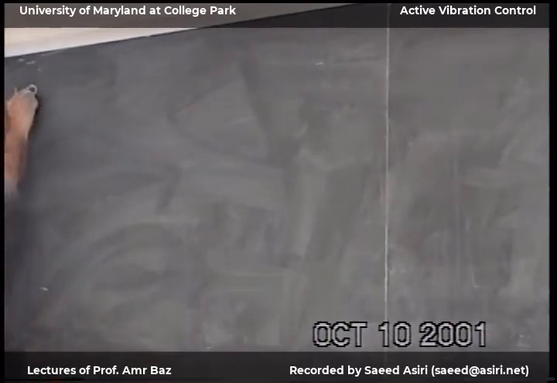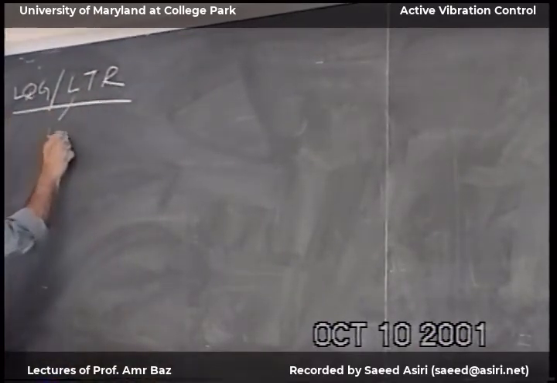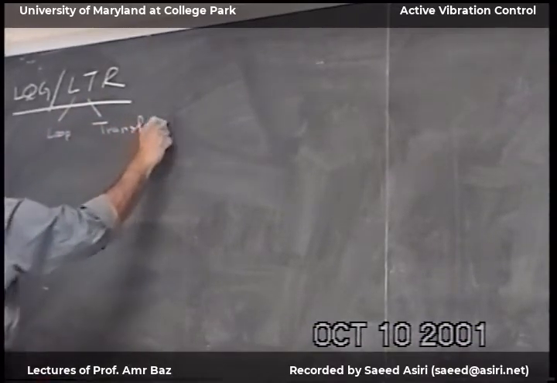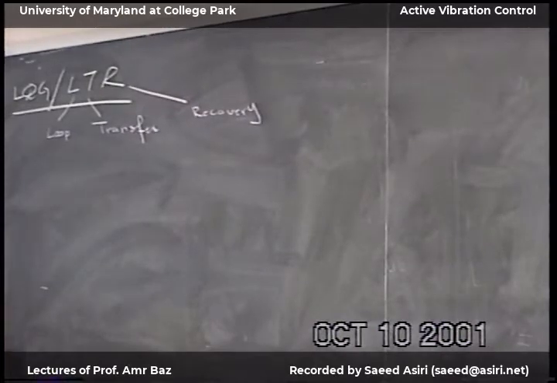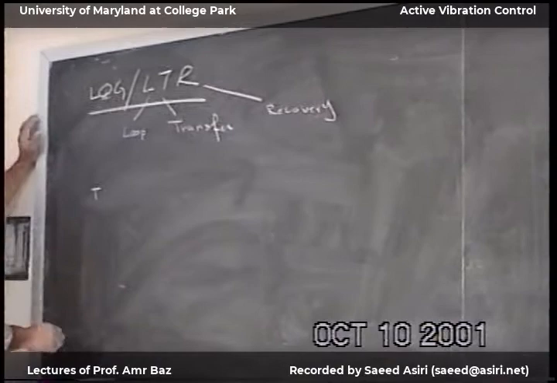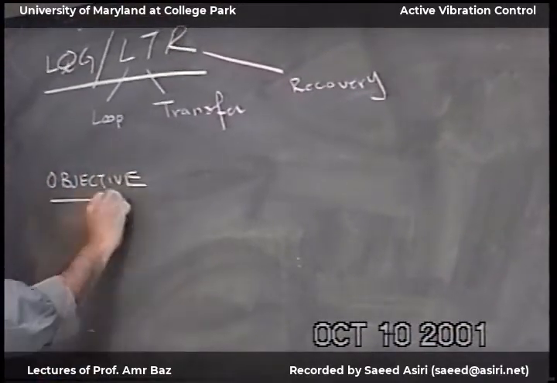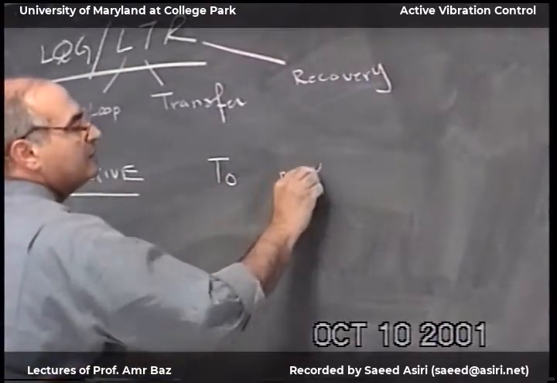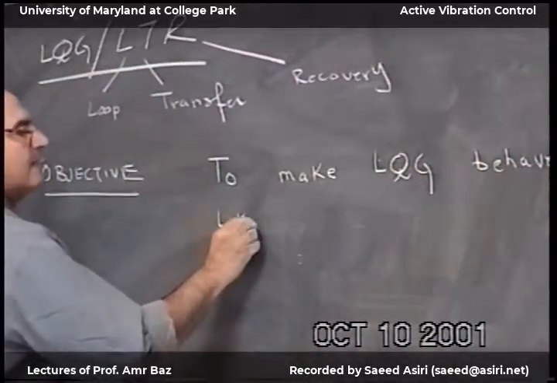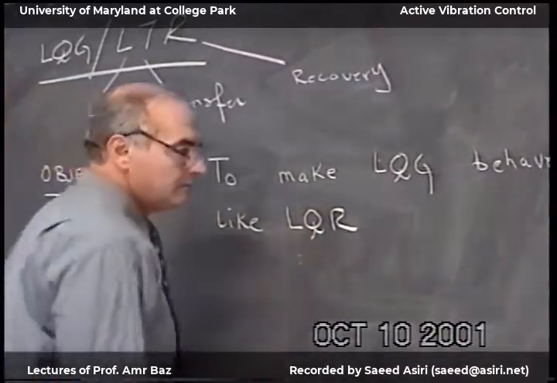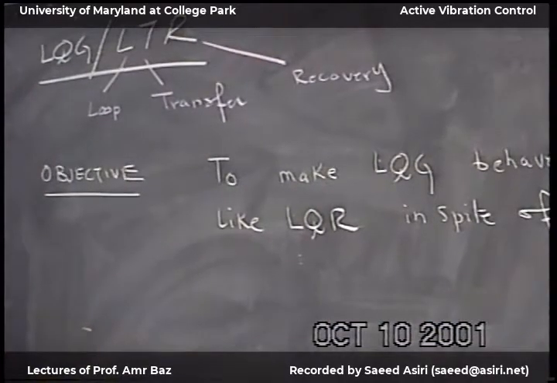Now we'll do the LQG. And this is loop. Again, the main objective is to make the LQG behave like LQR, in spite of the fact that we have only a small number of sensors to measure the system response.